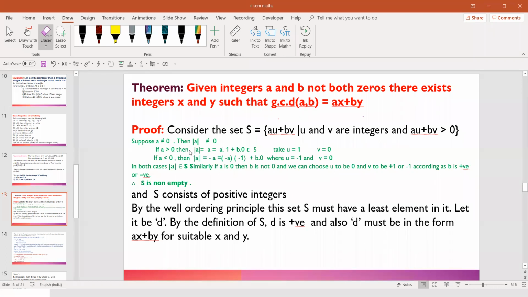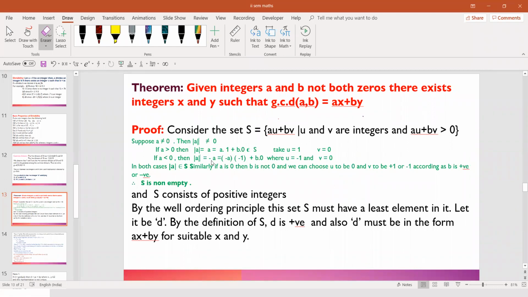If A is positive, you know the modulus of A is A. What is the modulus of 5? The modulus of 5 is 5. So the modulus of A is A, and it can be written in the form A into 1 plus B into 0. So u equals 1 here, and v equals 0. So when A is greater than 0, the modulus of A is in the form of Au plus Bv. If A is negative, the modulus of A is minus A. What is the modulus of minus 5?